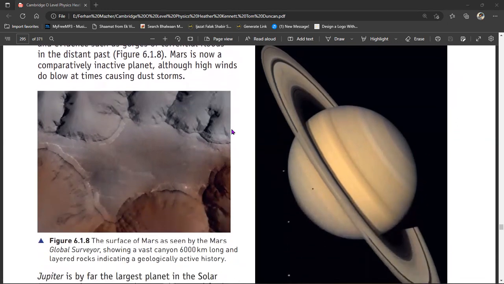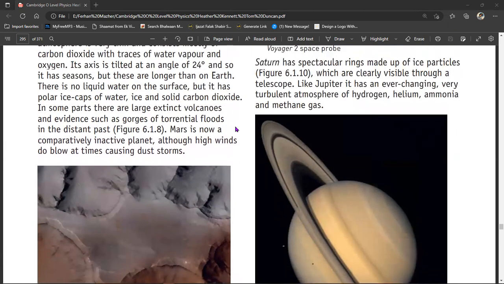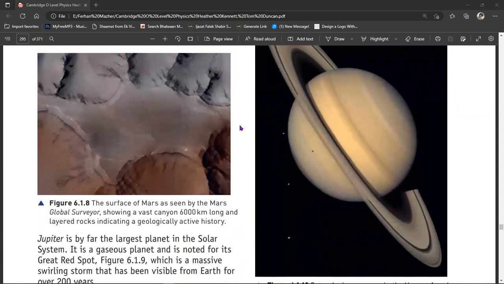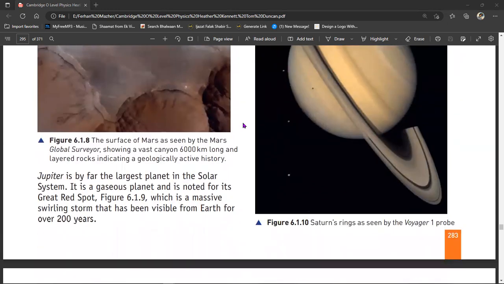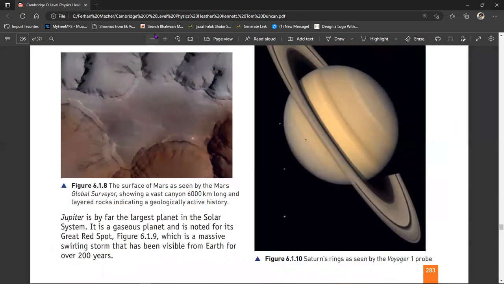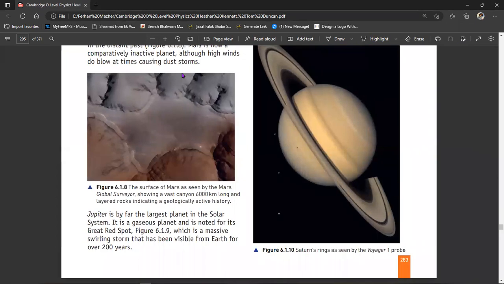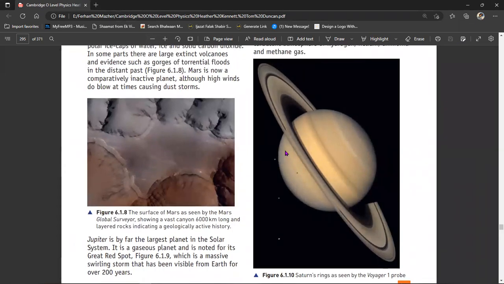Sorry, this is not Jupiter. This is Saturn. Sorry, I said Jupiter. Saturn's rings as seen by the Voyager 1 probe. Let me reduce the size so you can see this diagram. This is Saturn's rings as seen by the Voyager 1 probe.